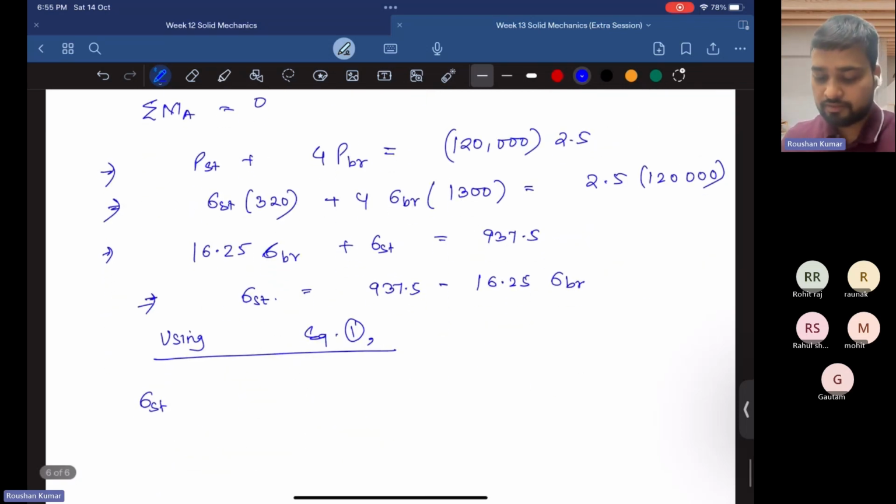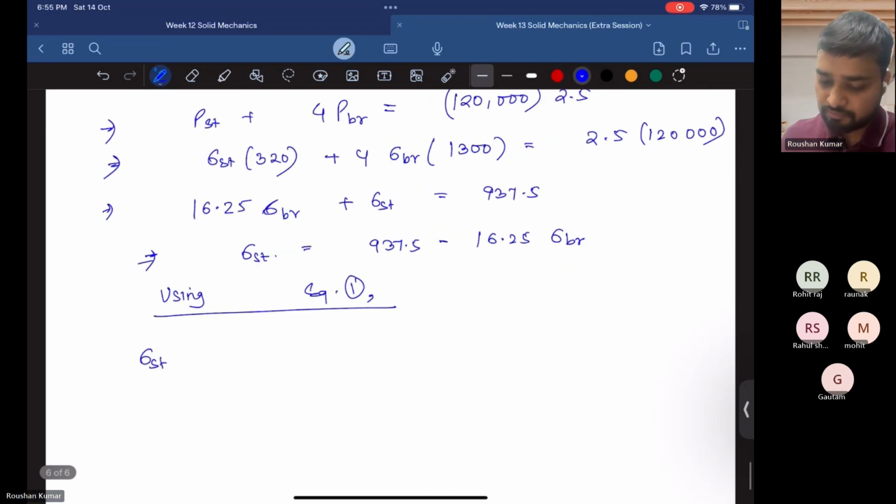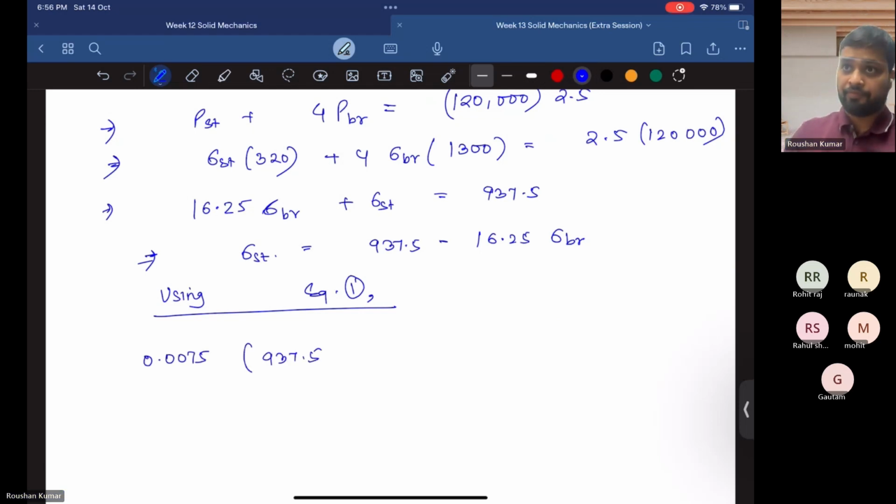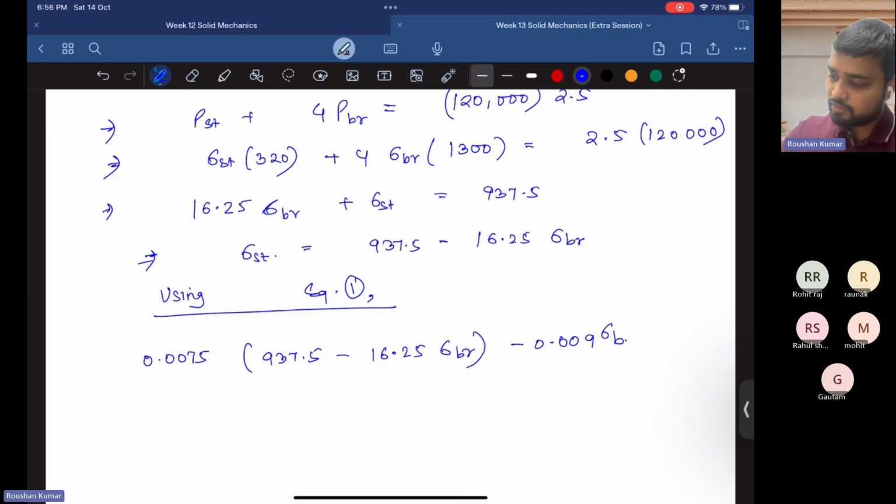Then we get 0.0075 into 937.5 minus 16.25 into sigma of the bronze minus 0.009 sigma of the bronze equal to minus 0.10125.